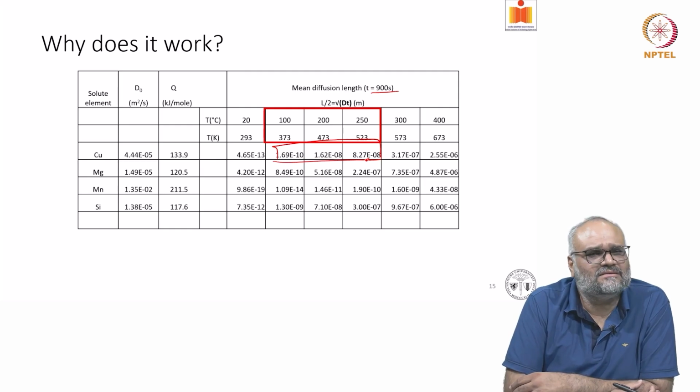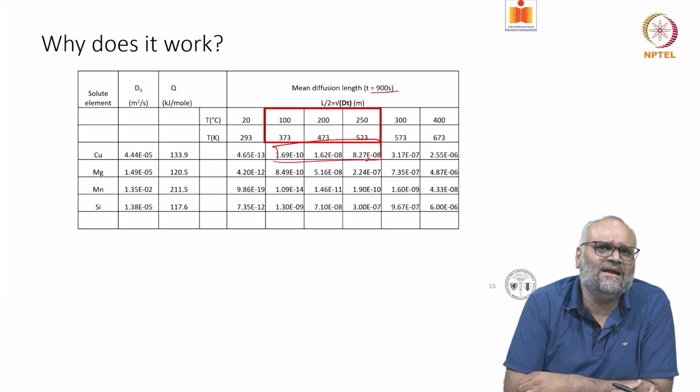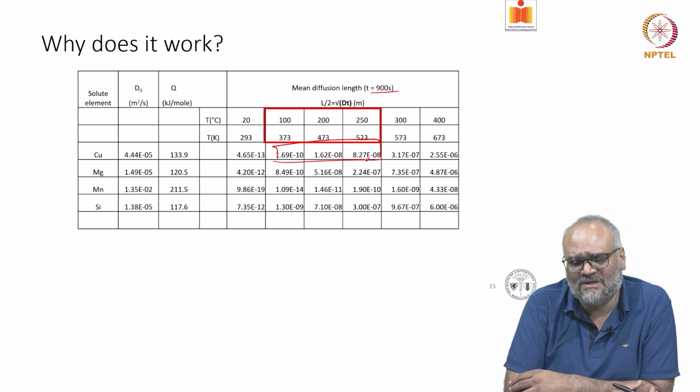But is it actually the only reason, or is there anything more? Just having a thick specimen, is it good, or are there any other problems, is what we'll come to now.